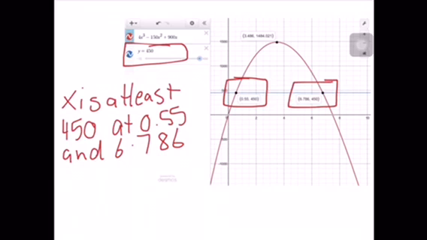Now I'm going to write it in interval notation.